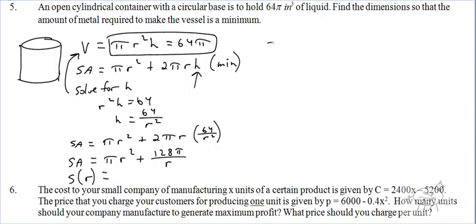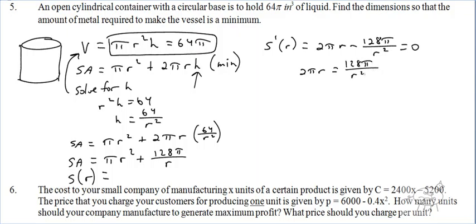Okay, so then I have S prime of r. Take the derivative, very simple. It's 2 pi r minus, using the quotient rule, 128 pi over r squared. Okay, and so that equals 0. So I get 2 pi r is equal to 128 pi over r squared.